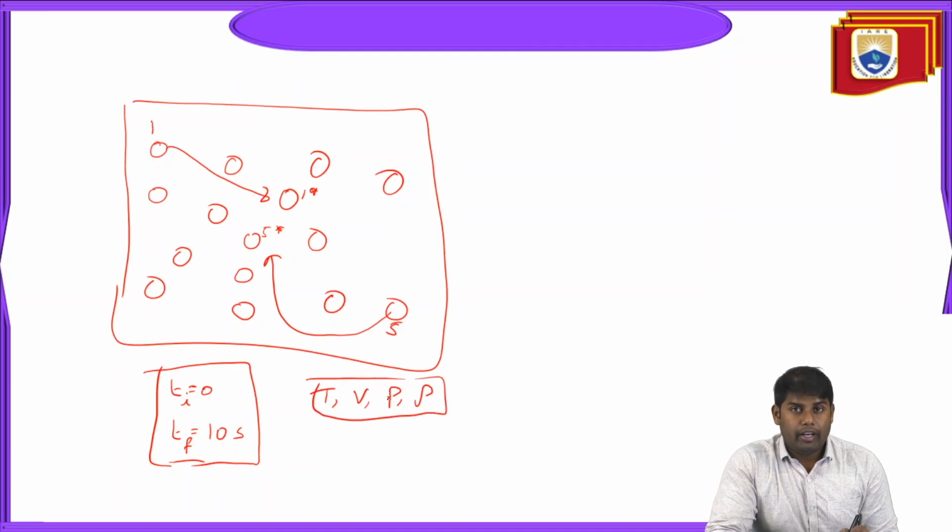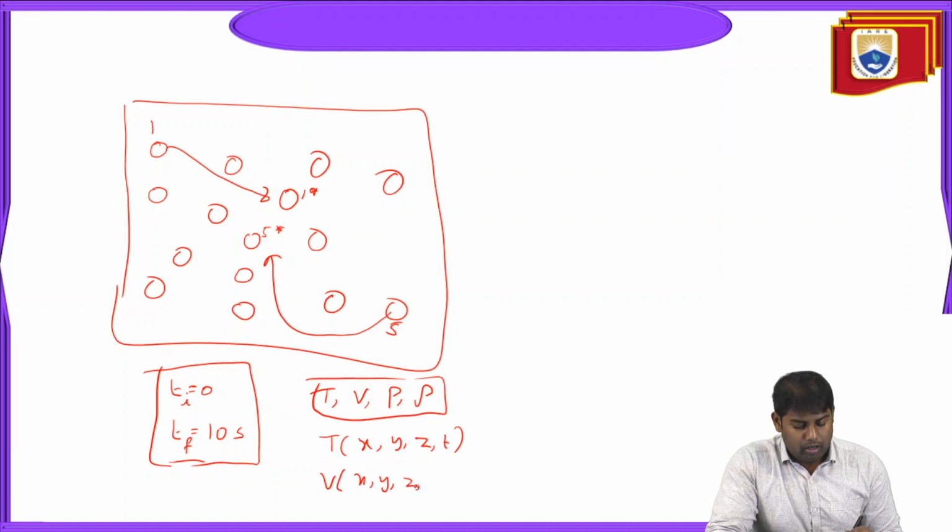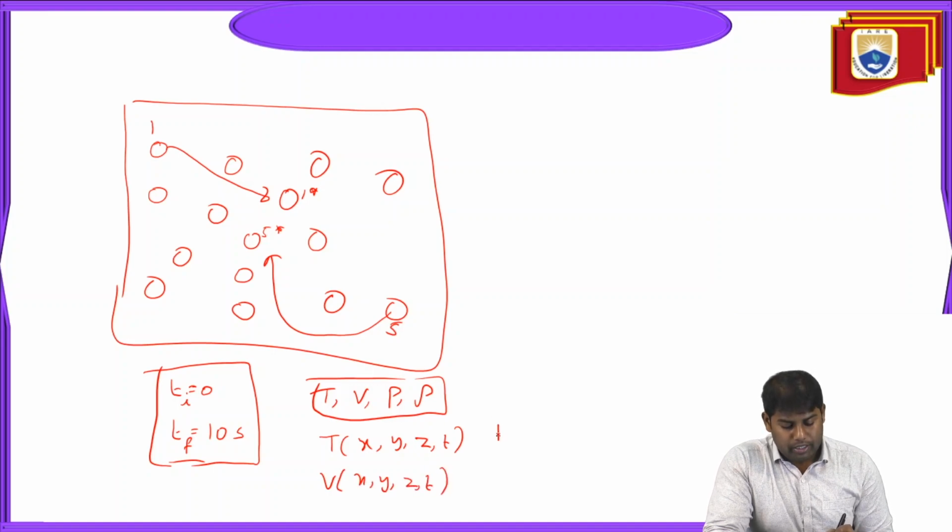Therefore these flow variables depend on time as well as space coordinates: temperature of x, y, z, t; velocity of x, y, z, t; similarly pressure of x, y, z, t; and density of x, y, z, t.